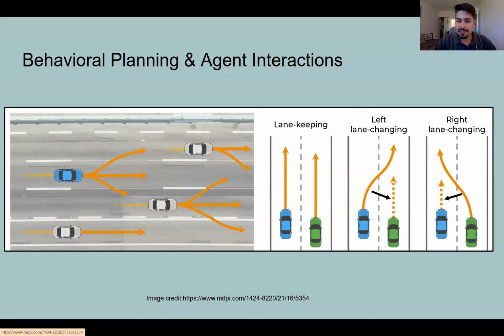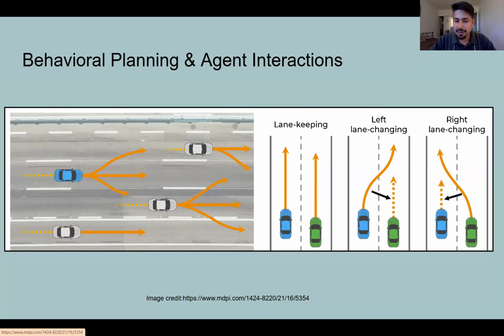We can model them as separate behaviors. So keep lane could be one behavior, lane change left could be one behavior, lane change right could be a behavior, and you can get more granular. You can have passing something on the left, you can have a yielding behavior. So it can grow into a larger set of behaviors. So you have a pool of behaviors that you want to use.